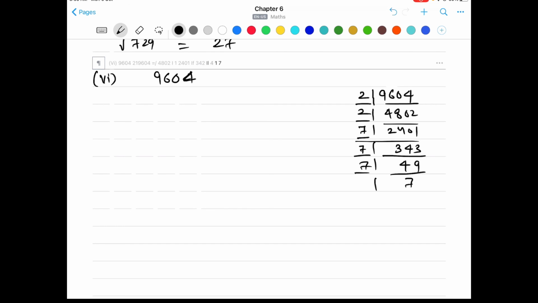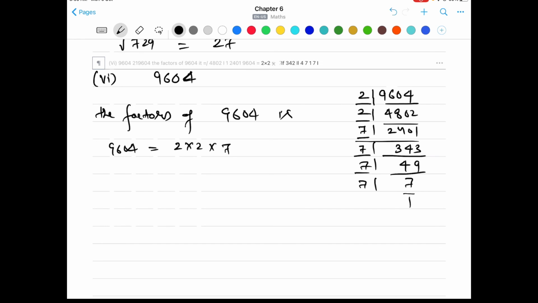Again dividing by 7 will get 7, and one more time dividing by 7 will get 1. The moment we get 1, we'll stop there. Then we write the prime factors: 9604 equals 2 into 2 into 7 into 7 into 7 into 7.